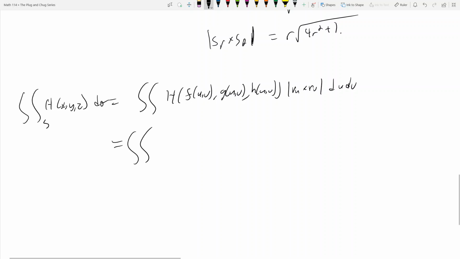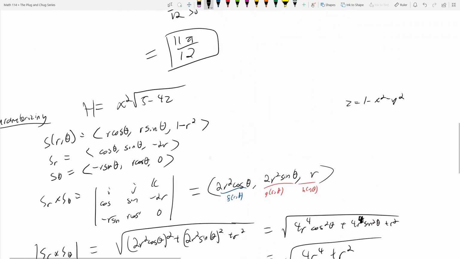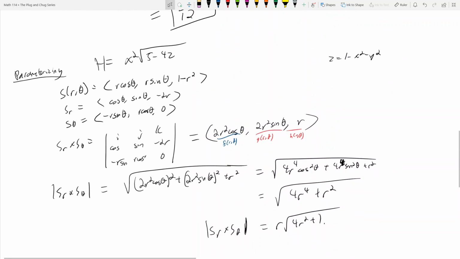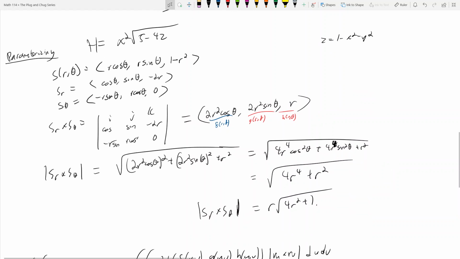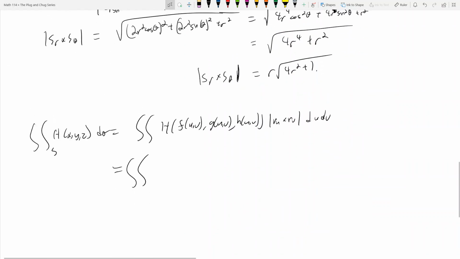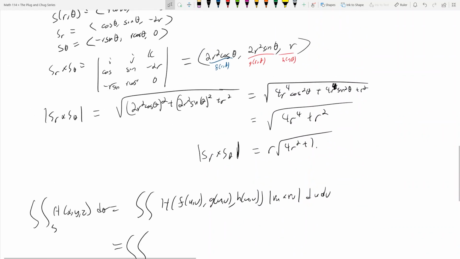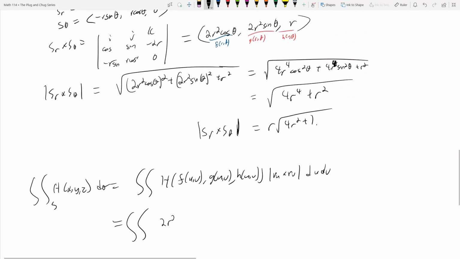So now, x squared becomes r squared cosine squared theta, and the square root of 5 minus 4z, which is 4r squared, if I'm not mistaken.